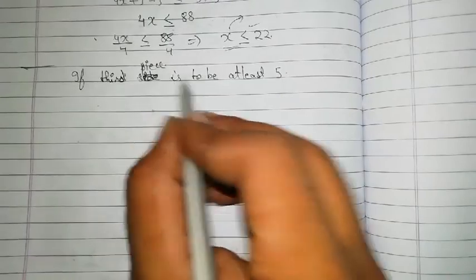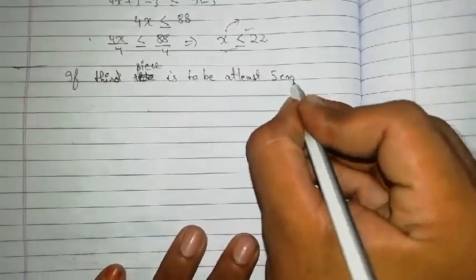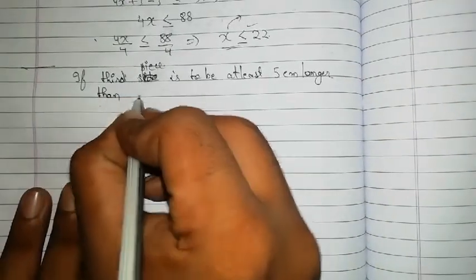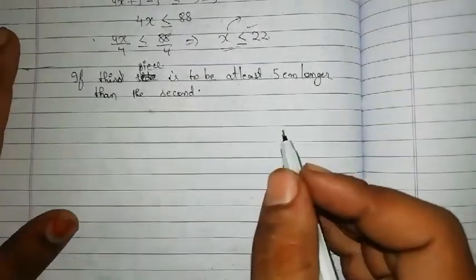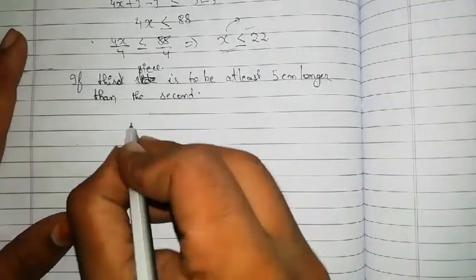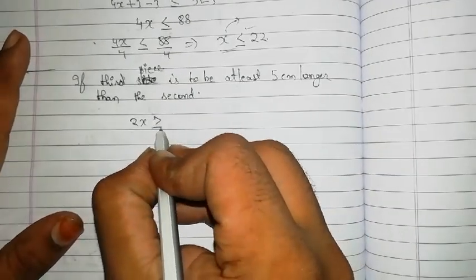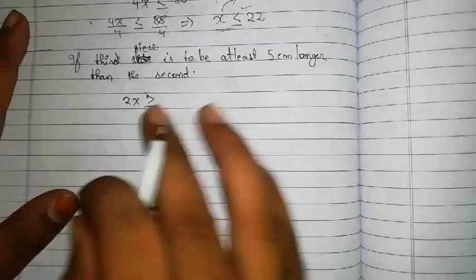So the third piece is to be at least 5 centimeter longer than the second. Okay, so accordingly what we can write, we can write it as 2x is greater than or equal to, because the second length is x plus 3. Okay, third side is 2x.